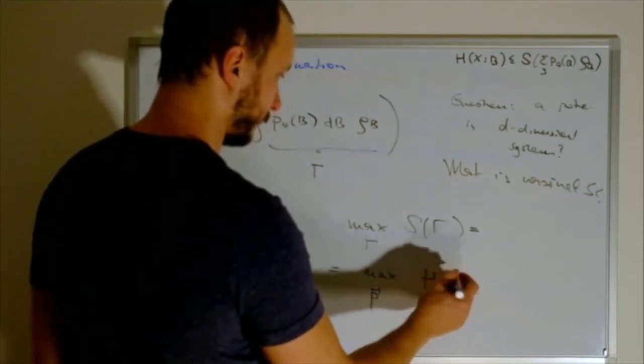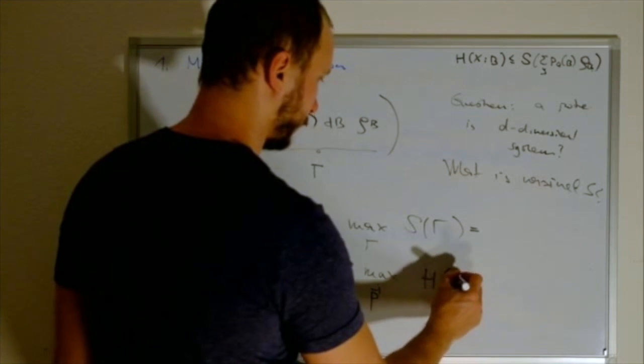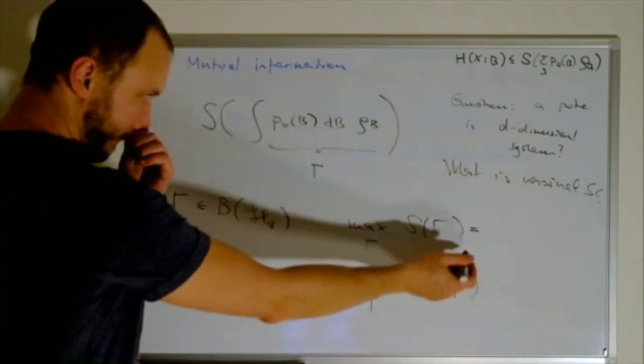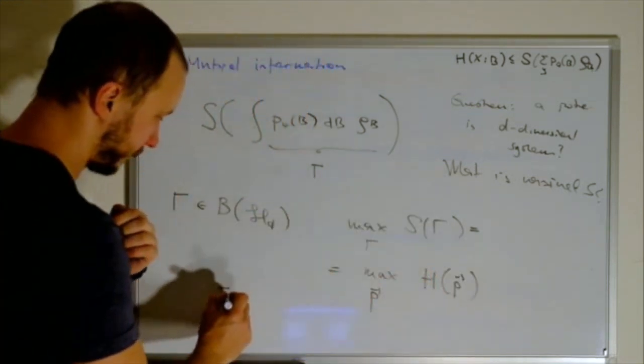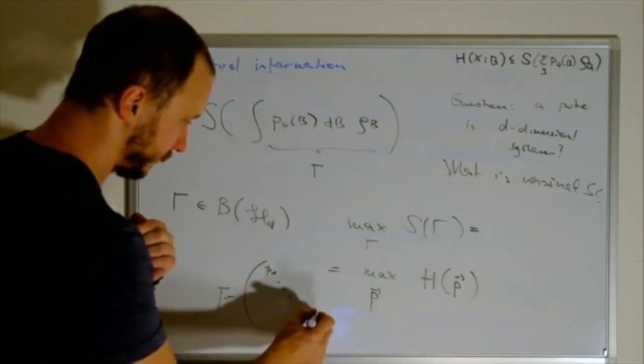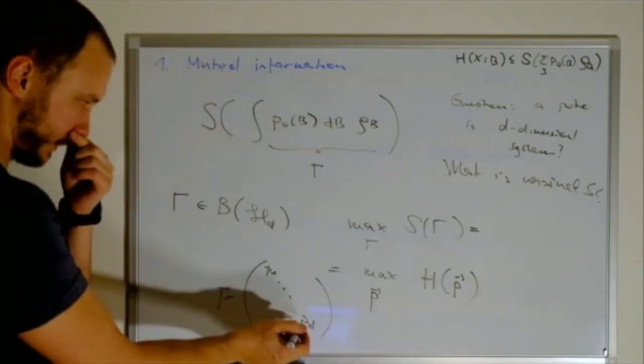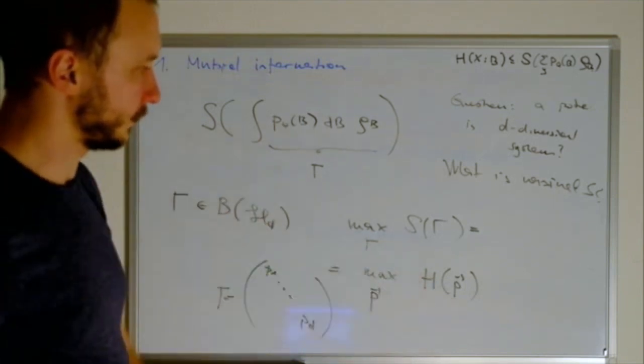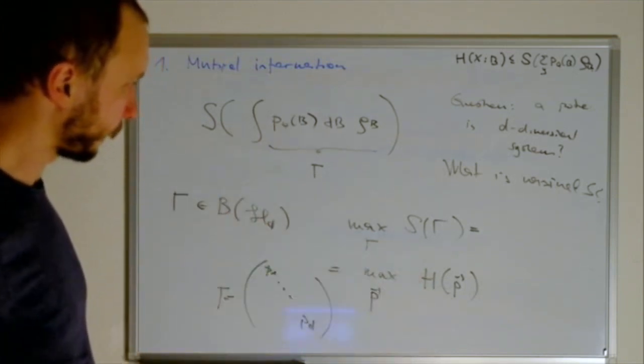The state gamma is P1 to PD, so this is the eigenvalue distribution of this state gamma.